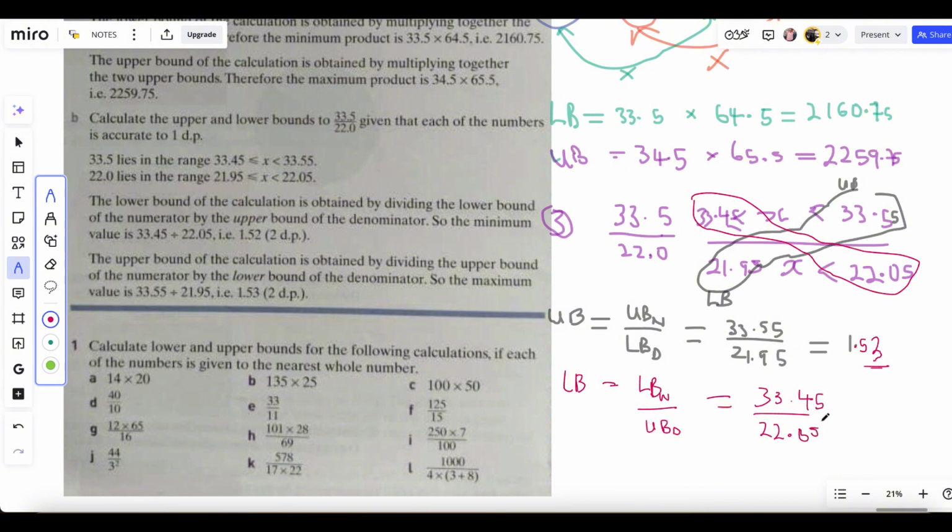Okay, sorry, my writing is bad. This becomes 1.52. If you approximate to the nearest two decimal places, 1.52. So you get 1.52 for the lower bound, and for the upper bound you get 1.53.